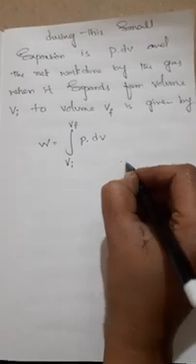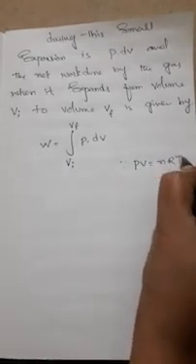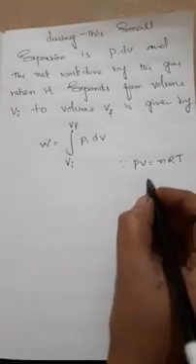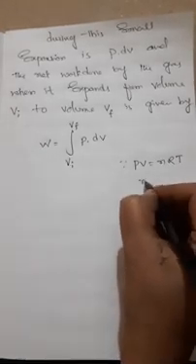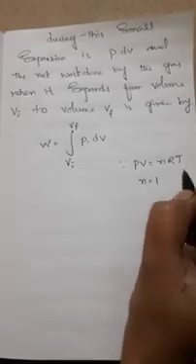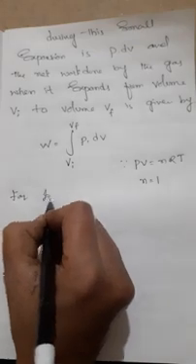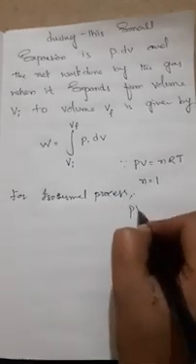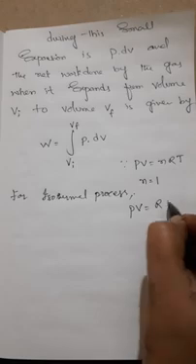Okay, we know that PV is equal to nRT. This is the ideal gas equation. We have taken 1 gram mole of an ideal gas, so n is equal to 1, and for the isothermal process we can write PV is equal to RT.